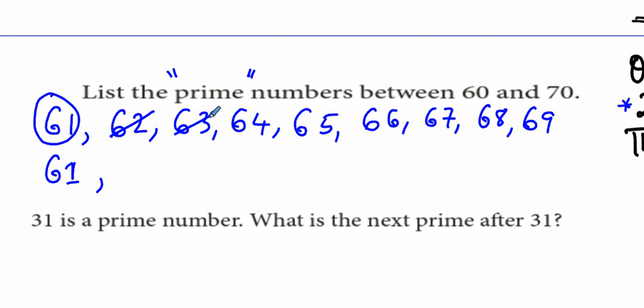It's divisible by 1, yes, by itself, yes, and it also is divisible by 9. 63 divided by 9 is equal to 7. 64, no. 65, no. 66, no. 67, yes, this is a prime number because it has only two factors. 68, no. 69, no. So we have two of them, 61 and 67 are the prime numbers between 60 and 70.